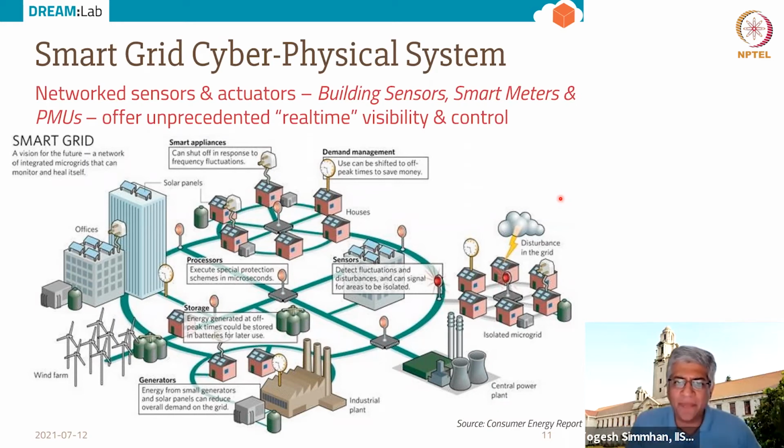So the sensing can happen at various granularities, from the entire long distance transmission to neighborhoods like the transformers and so on, to individual houses, to individual appliances within the houses, right?